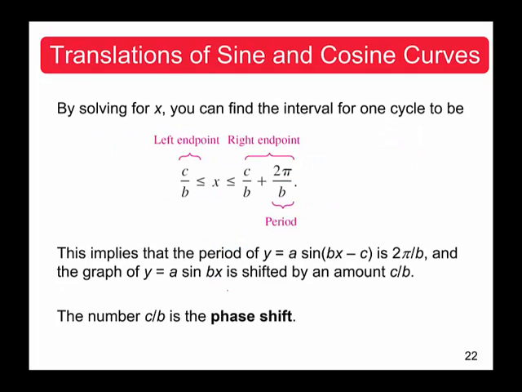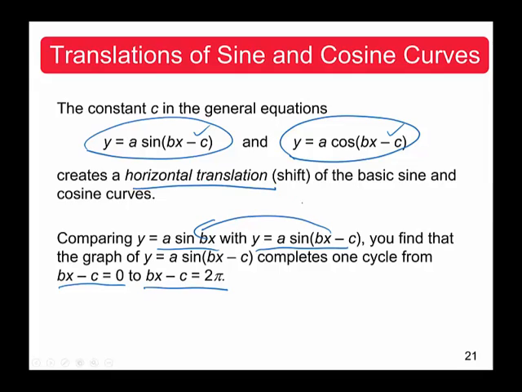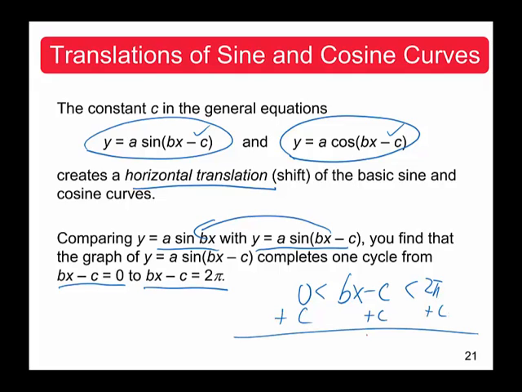So x should be c over b, the left hand point, just like if you solve this inequality here, meaning bx minus c greater than 0, less than 2 pi, you add c to both sides of the inequality, and then you get bx greater than c, less than 2 pi plus c.